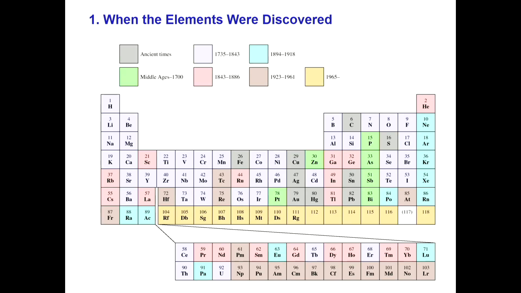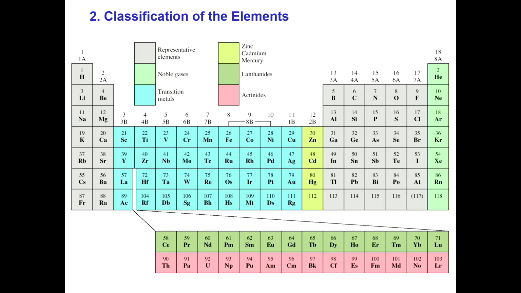So here is the classification of the elements. Basically, the elements whose outside electrons are filled in S and P orbitals, we call them representative elements. So these two parts are called representative elements.